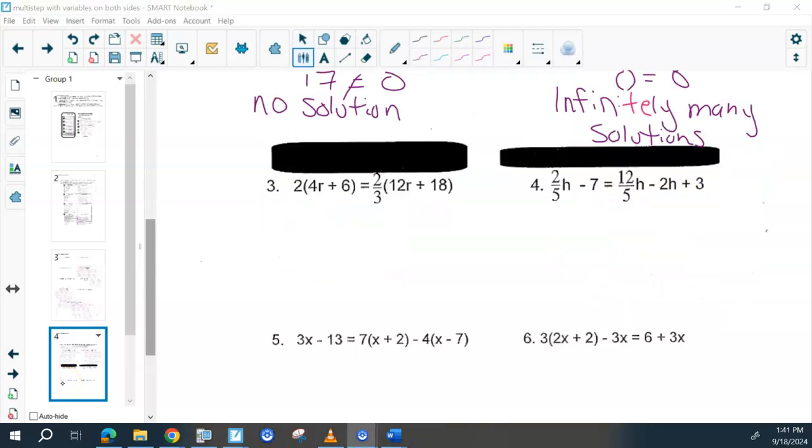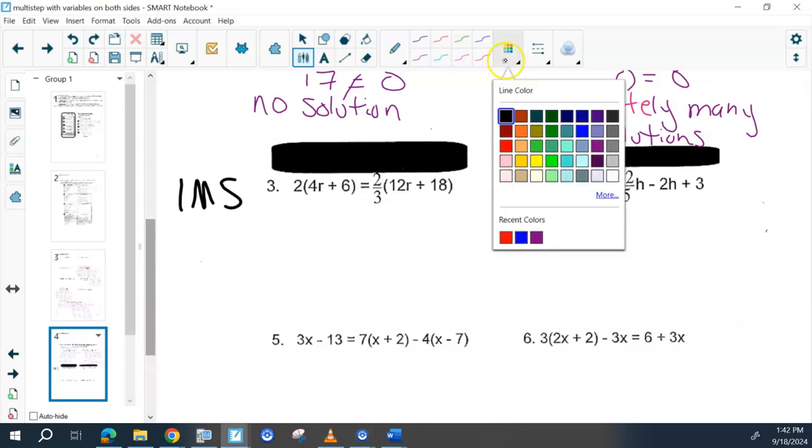Okay, for number 3, what type of solution did we get for that one? Infinitely many solutions, or IMS. Did anyone need to see that one? Yes, okay. No solution for number 4, yes.